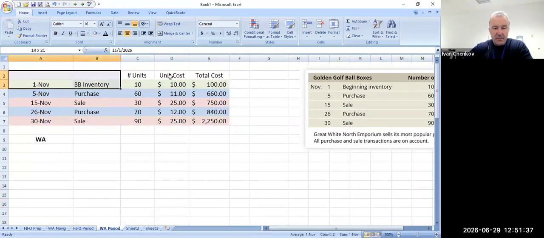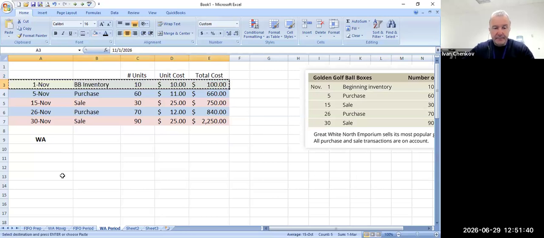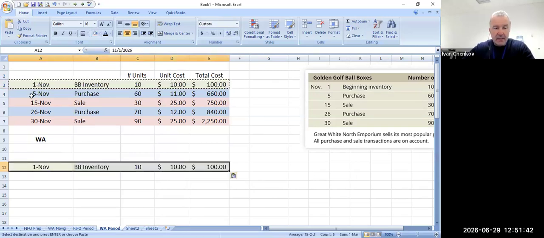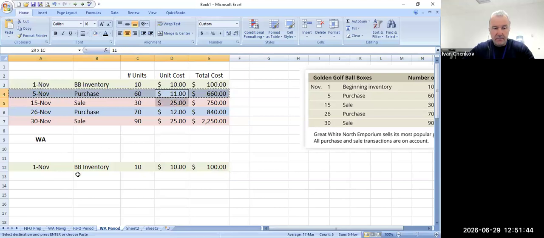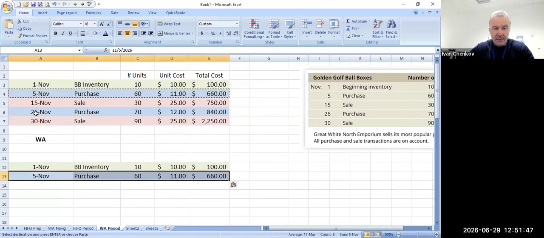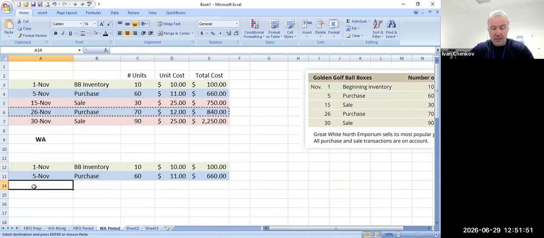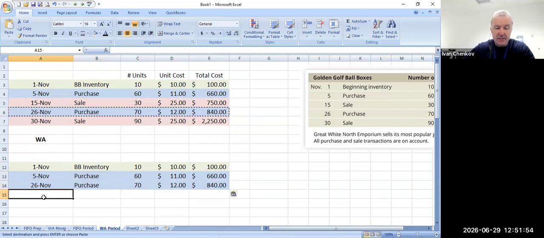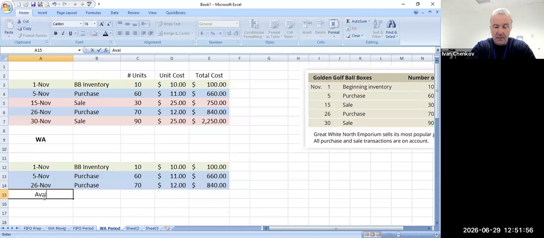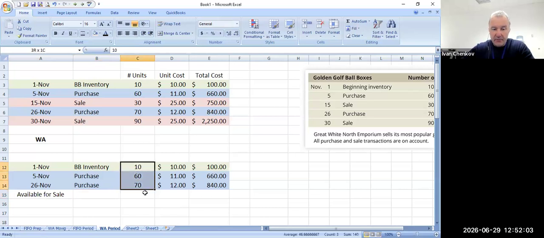So what I need is the beginning inventory, the first purchase, the second purchase, and the available for sale. I know the number of units, and I know my total cost.